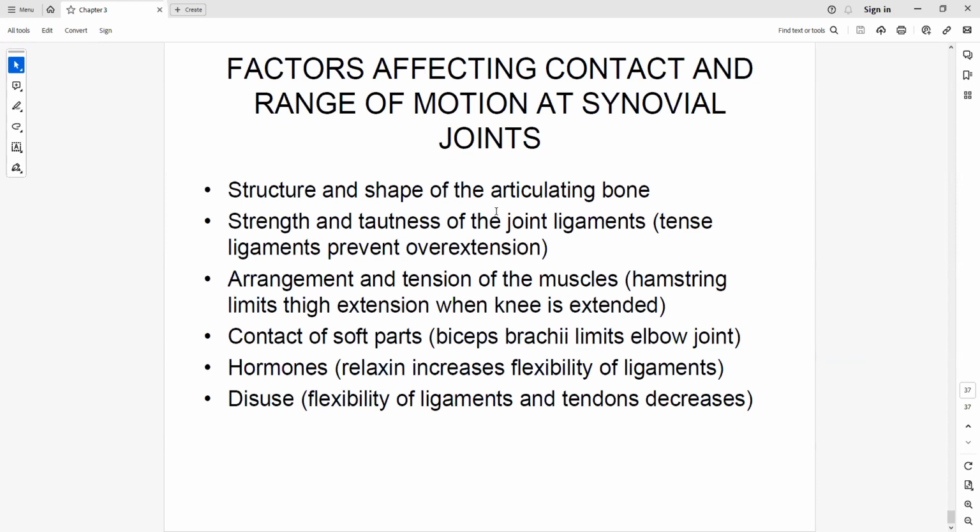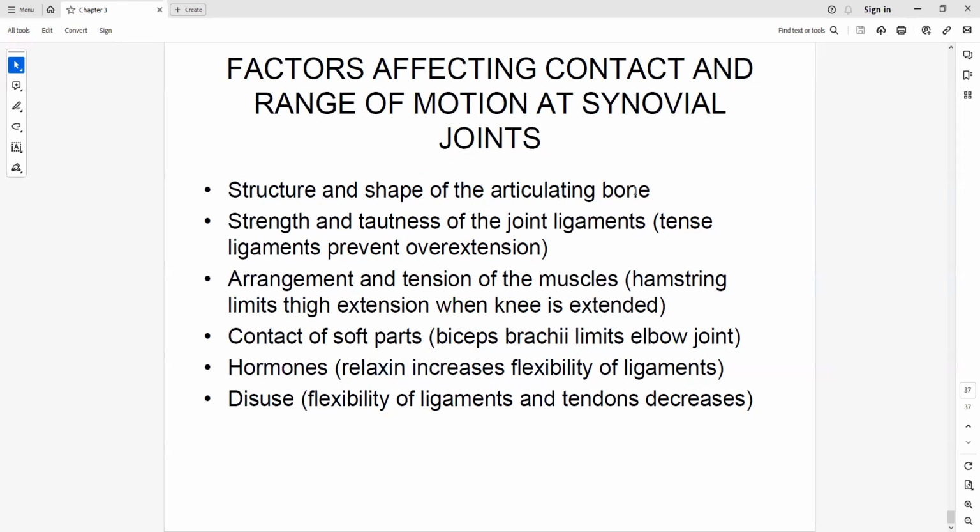What factors can affect the range of motions? Think about normal range of motion. Structure and shape of the articulating bone. Think about here the saddle joint formed by the metacarpal of the thumb and the trapezium.